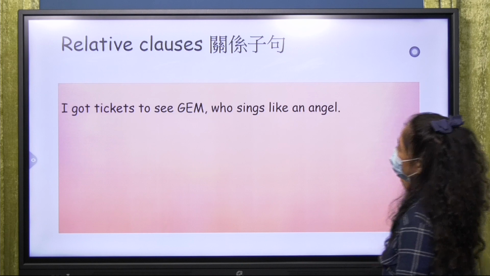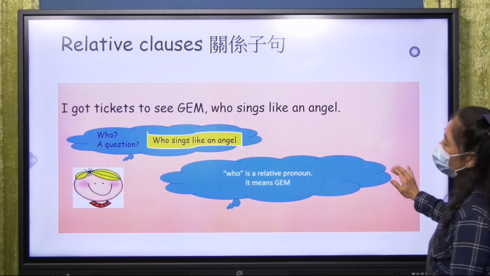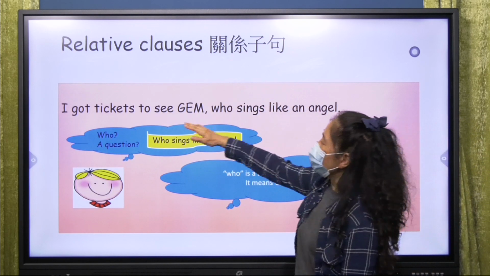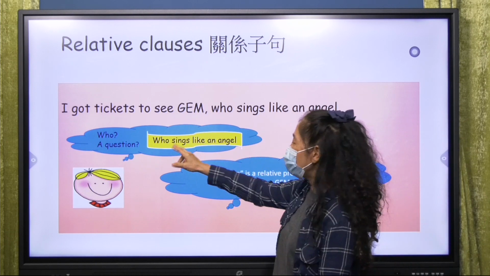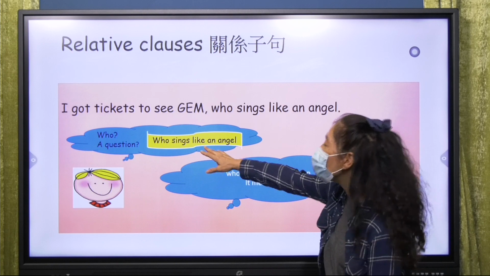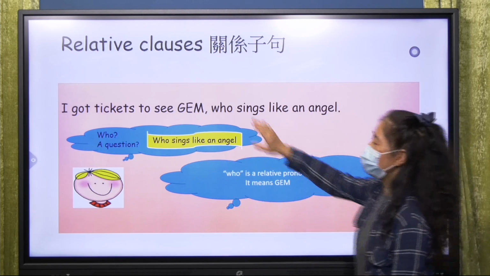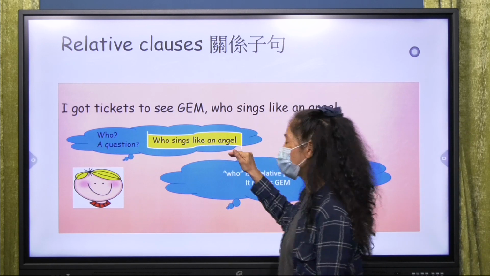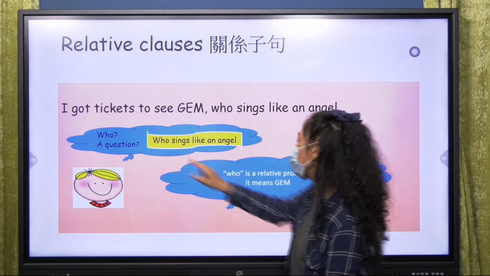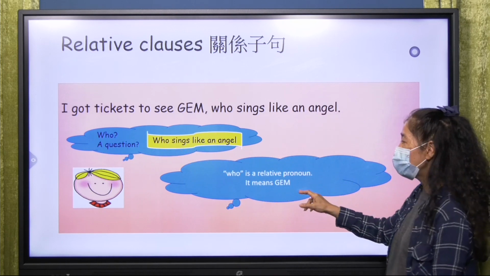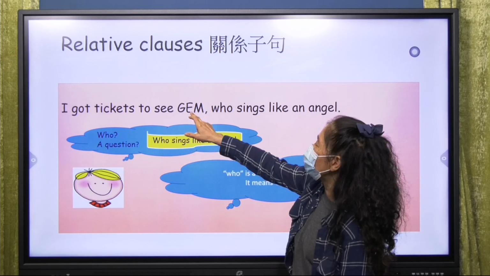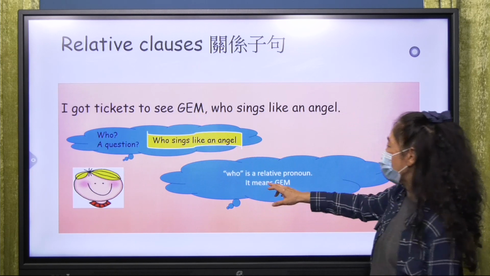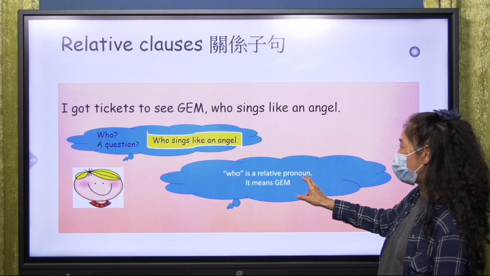Now, again, I got tickets to see Jem, who sings like an angel. Of course, now here, this who is the pronoun. Since who here refers to Jem, who is a relative pronoun.